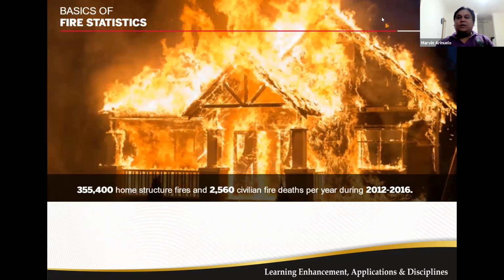According to the U.S. Fire Department, there is an estimated average of 355,000 home structure fires per year from 2012 to 2016 that caused an average of 2,560 civilian fire deaths. And those averages are roughly half as high as in 1980.